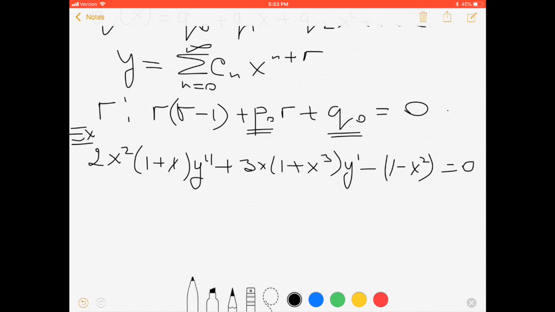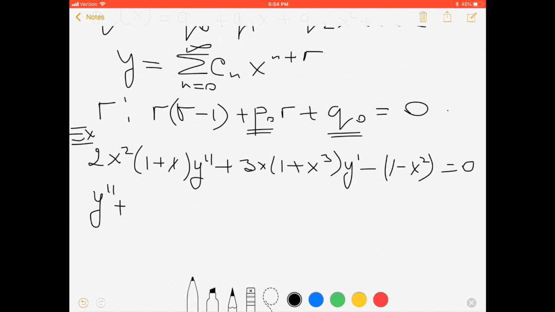Write in standard form, and we can see the second derivative term.